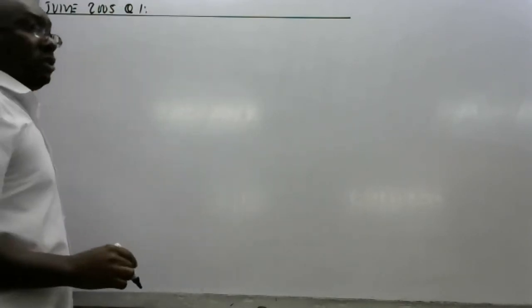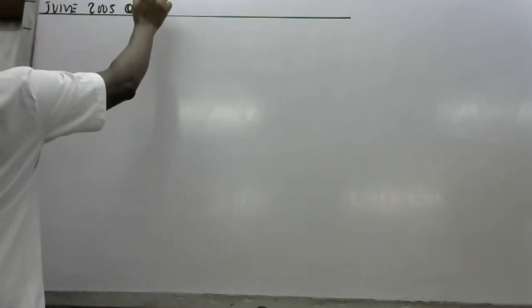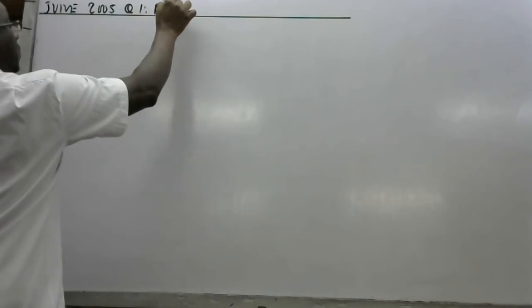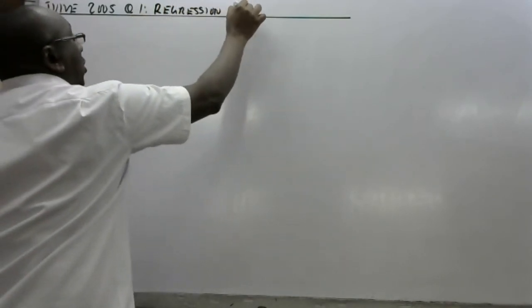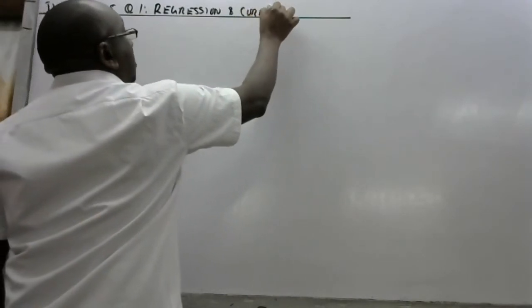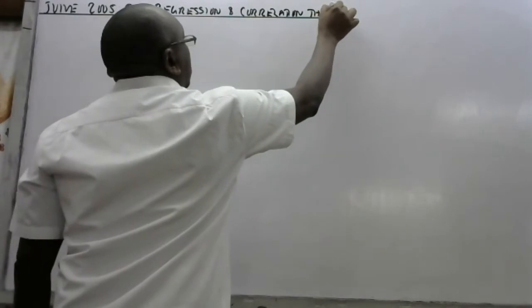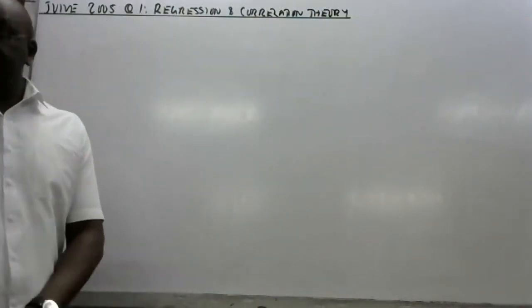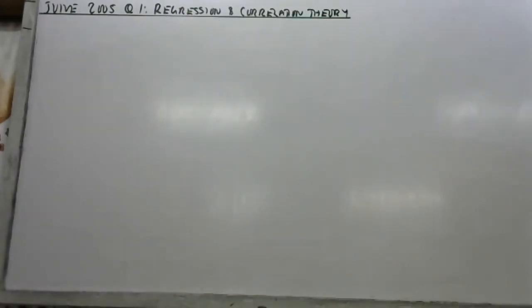Now that June 2005 is coming from regression and correlation theory. That is where it's coming from.